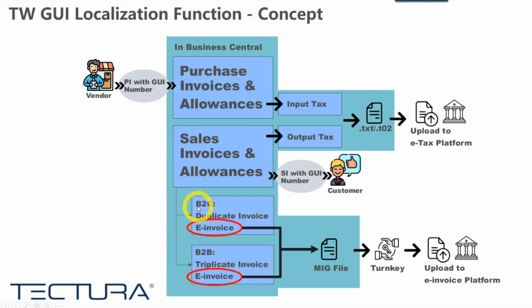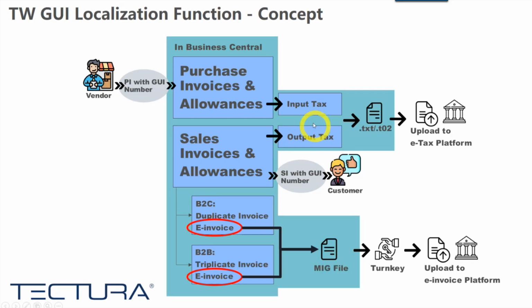If you are business to customer, that'll be a duplicate invoice. Business to business, that'll be a triplicate invoice. Or you can use the E-invoice. We will record the invoice information into Business Central in order to calculate the output tax.